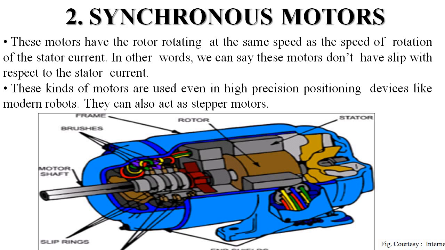You can see the various parts of this synchronous motor in the figure. These kinds of motors are used even in high precision positioning devices like modern robots. They can also act as stepper motors. So in industrial applications, synchronous motors are used.